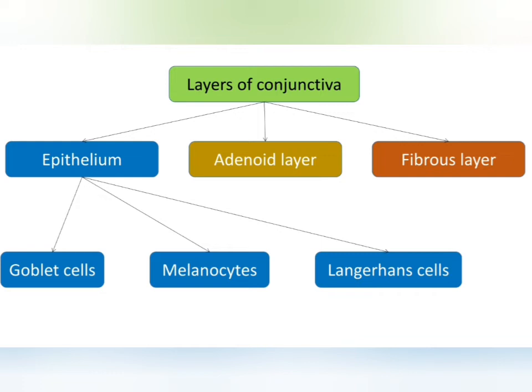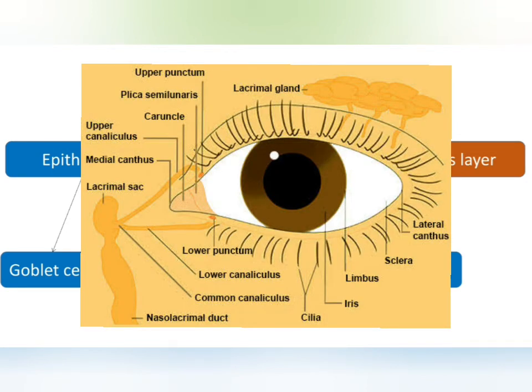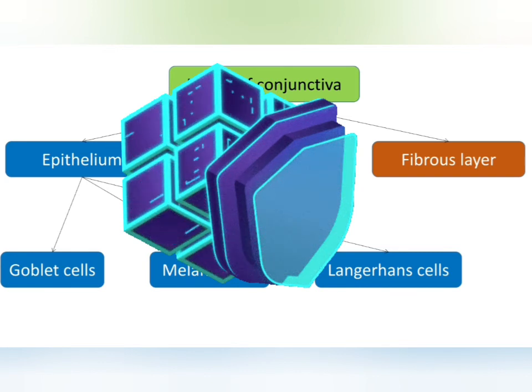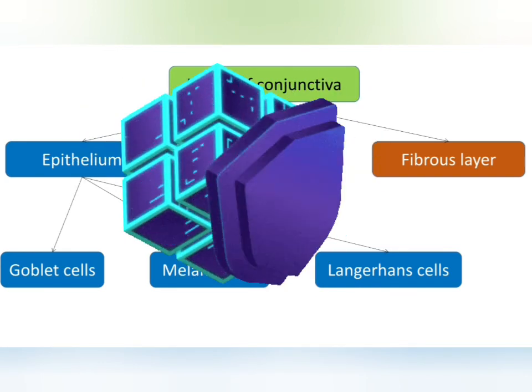Okay. Now the melanocytes are seen in the limbus, fornix, plica semilunaris or caruncle area, and sometimes due to this the conjunctiva appears yellowish. And Langerhans cells are the immune cells that form part of the immune system.